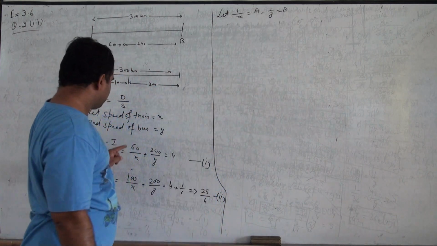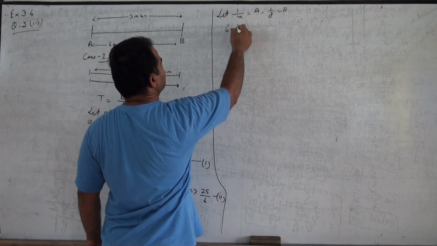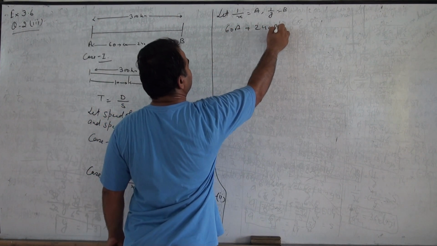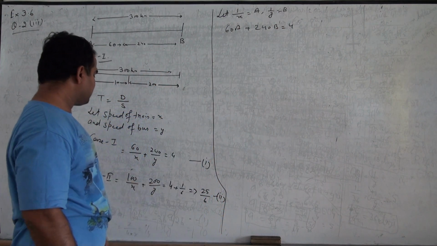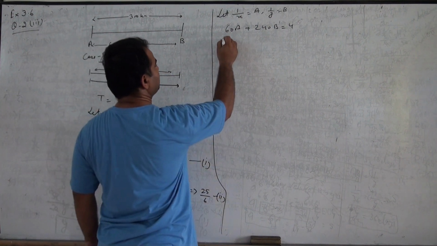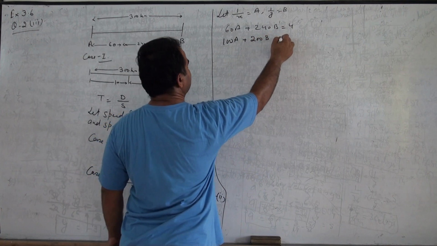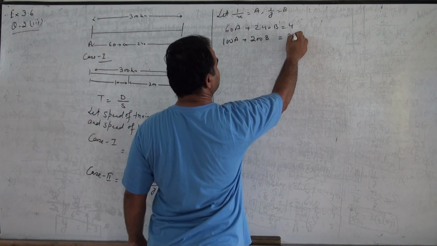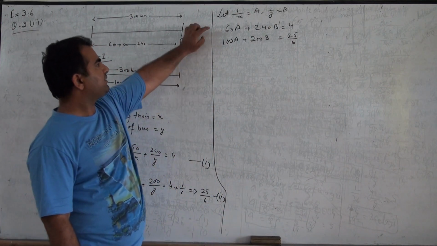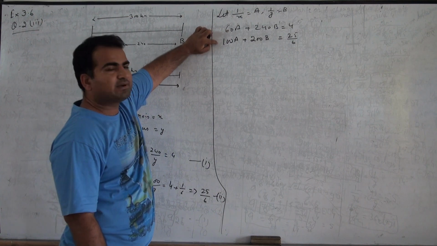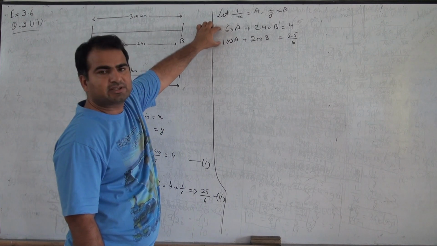So the equation will be 60a plus 240b equals 4, and the second equation will be 100a plus 200b equals 25 by 6. We multiply so that the coefficient of a becomes 300.